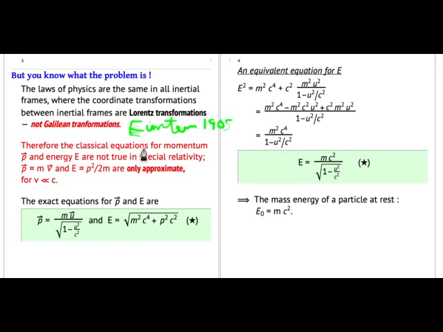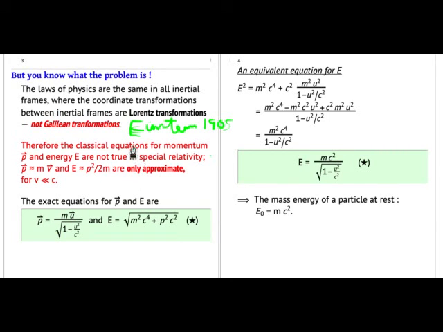So the classical equations for momentum P and energy are not true in special relativity, because the classical definitions, P is mv, kinetic energy is a half mv squared, those definitions give the principle of relativity for the Galilean coordinate transformations.